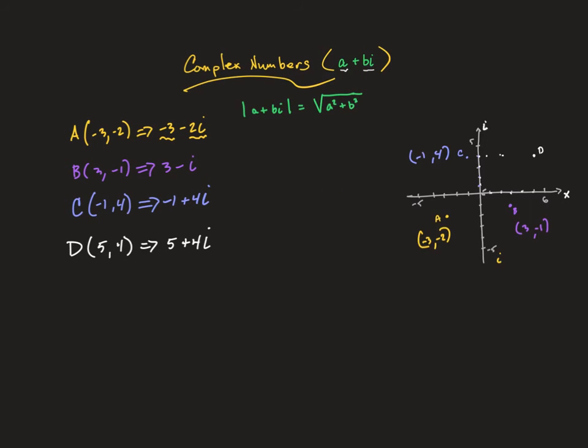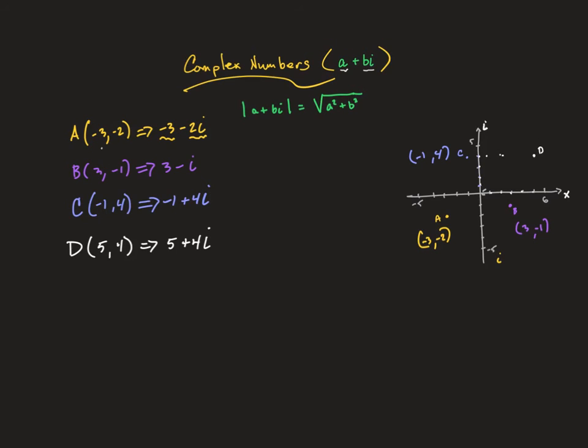So in calculating this distance, the absolute value of a plus bi is going to be equal to the square root of a squared plus b squared. This is going to be my a value, this is going to be my b value, and then we're just going to fill it into the square root.